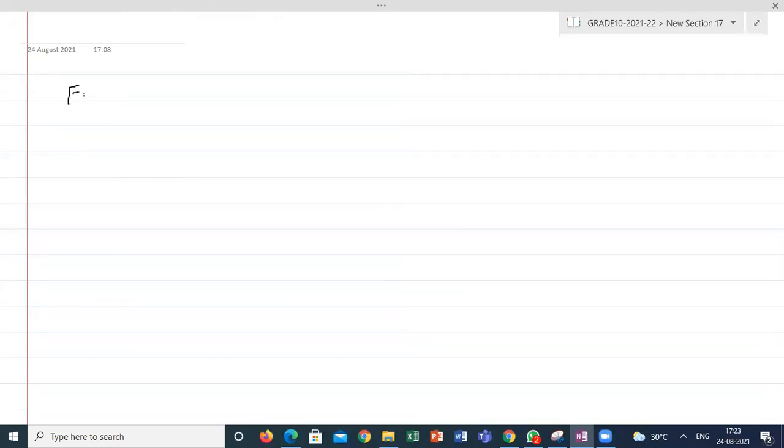Find the square root of z is equal to 5 minus 12i. It is asking the root of z value. So whatever strategy I am using here, the same strategy you can use for variables also.